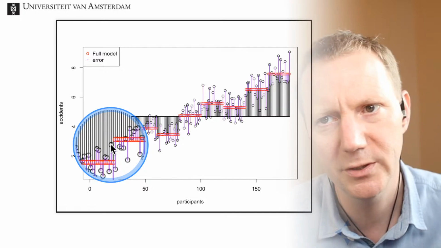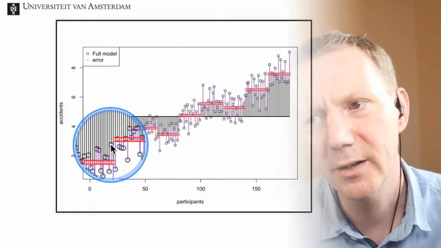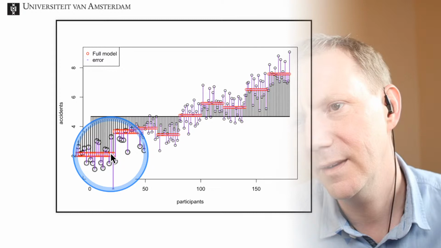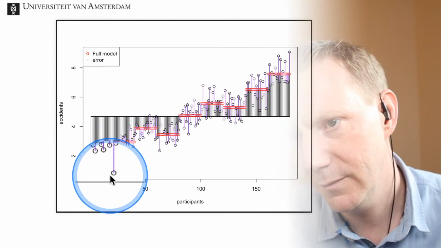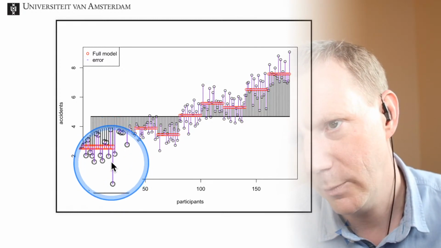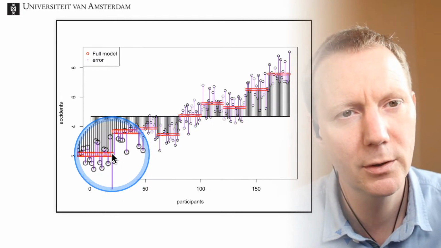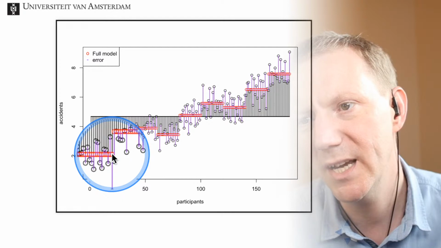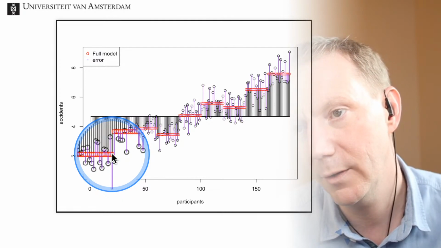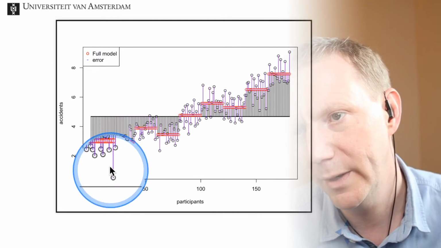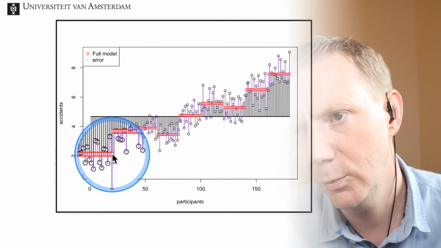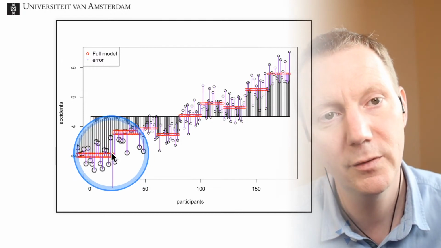It's called the residual, it's called the error, it's called the unexplained variance. And that is for this individual, it's how much you're off with your expected score based on your complete model. So it's the deviation from the score of the individual with the group mean where that individual is from.